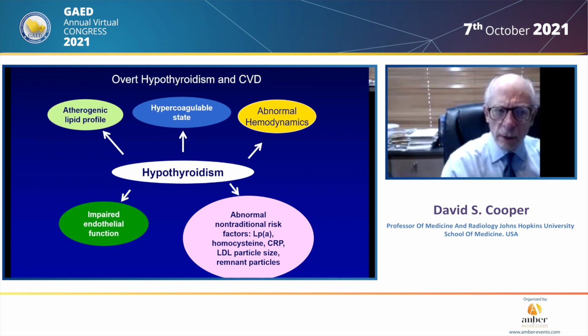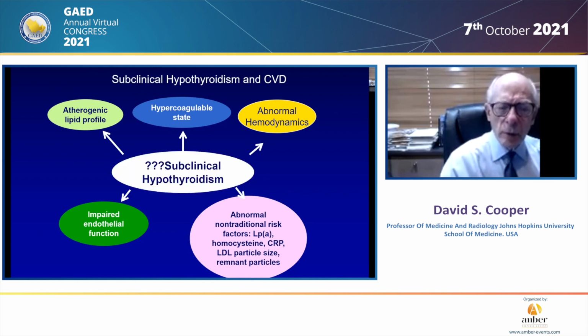It's associated with an atherogenic lipid profile, hypercoagulable state, abnormal hemodynamics, and abnormal non-traditional risk factors like Lp(a), LDL particle size, et cetera, and impaired endothelial function. And the question is, is subclinical hypothyroidism also associated with these things? And I don't have time to review this. It turns out, though, that in some studies, it is associated with some of these adverse effects.